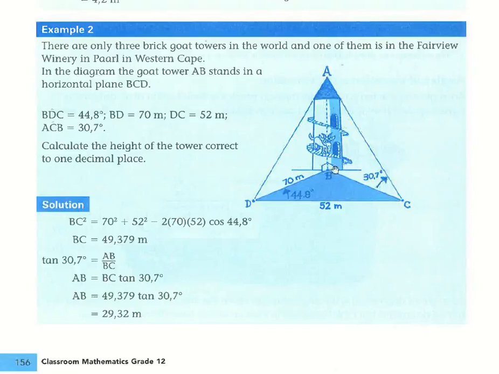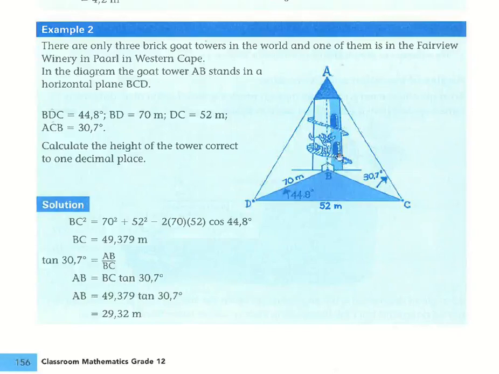We know that AB lands on this surface at 90 degrees. You see my little 90 degrees. So this triangle here on the left-hand side has got a 90-degree perpendicular line to it, and that one as well. Calculate the height of the tower correct to 1 decimal place.